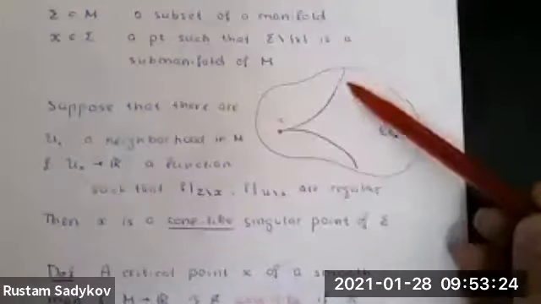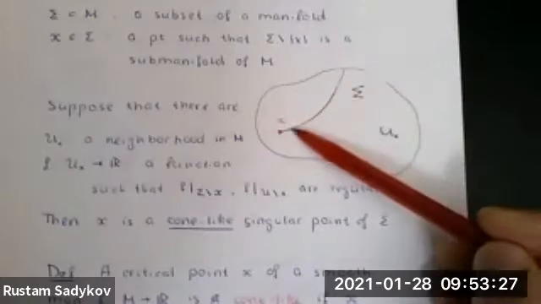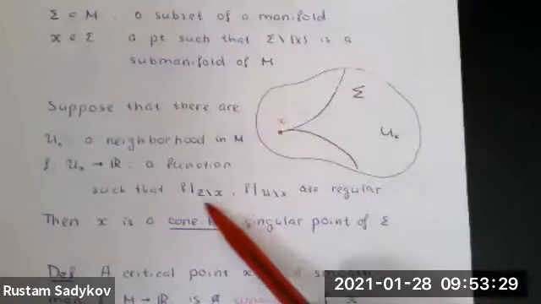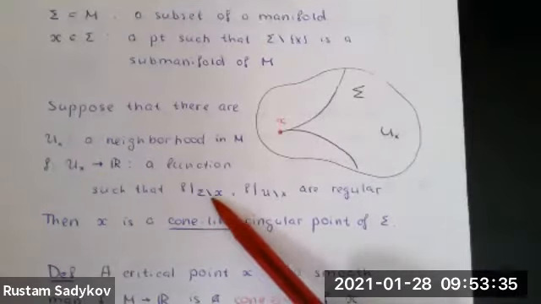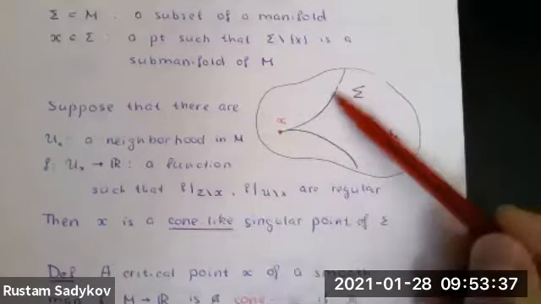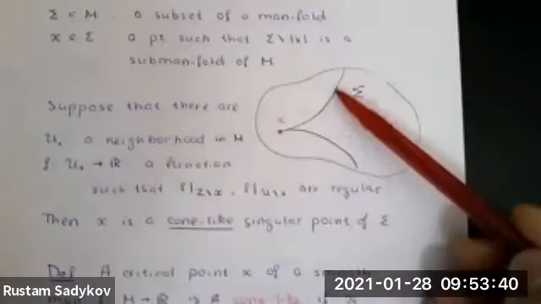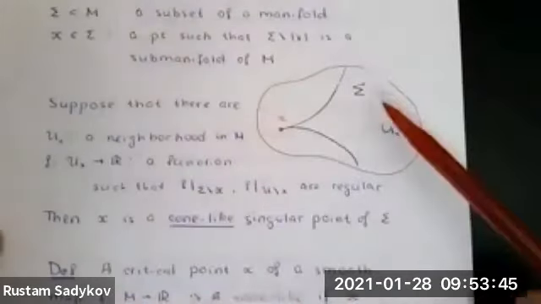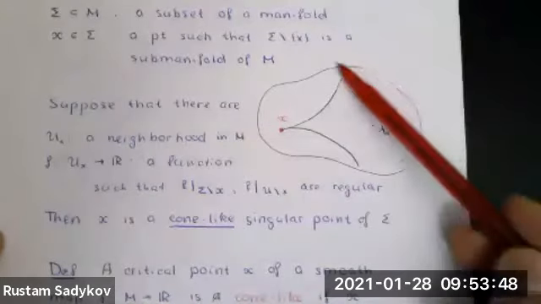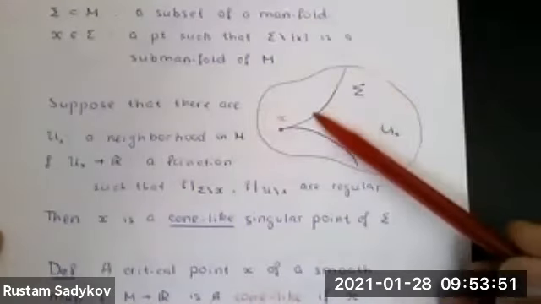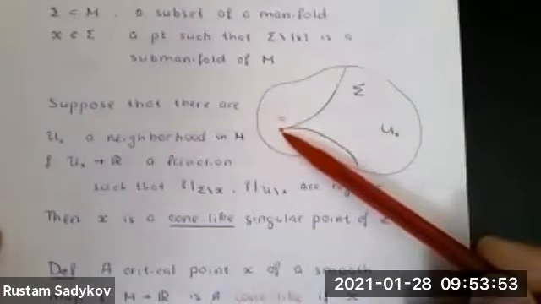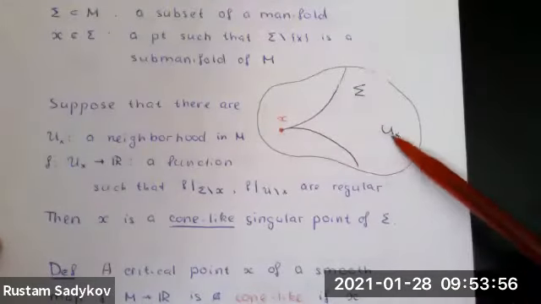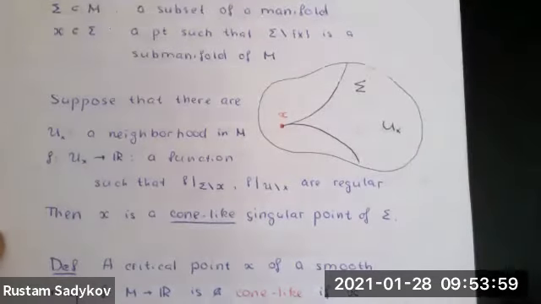And also, when you restrict f to sigma without x, which is a manifold because sigma is a manifold with just one singularity, the condition is that f restricted to sigma also has no critical points. In this case, you can see that the picture is basically a cone. Sigma approaches x as in a cone, so this part of sigma in U is a cone. Because of that, we say that x is a cone-like singular point of sigma.